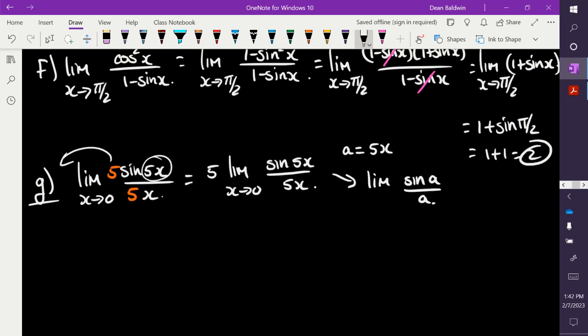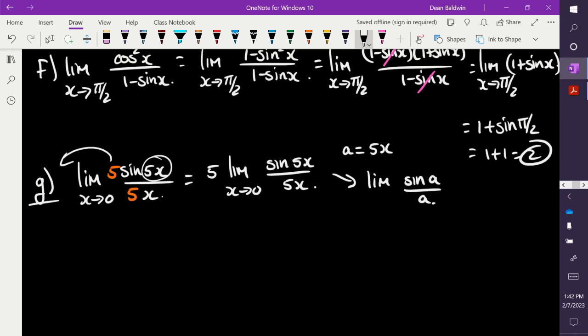As x goes to 0, what does a do? What does the graph of 5x look like? It's a linear line through the origin, right? If I said a is equal to 5x, as x goes to 0, what is 5x going towards?